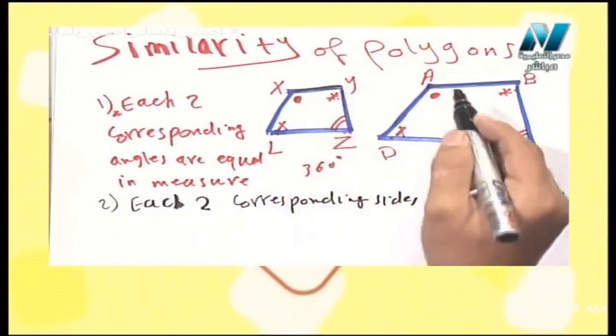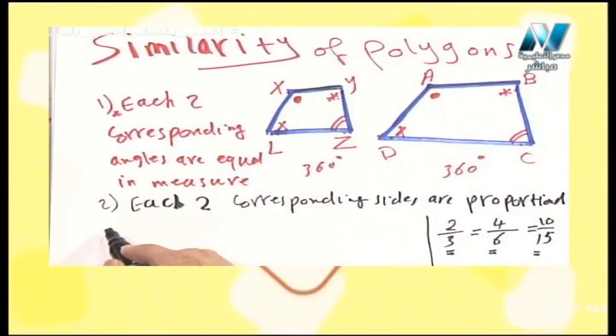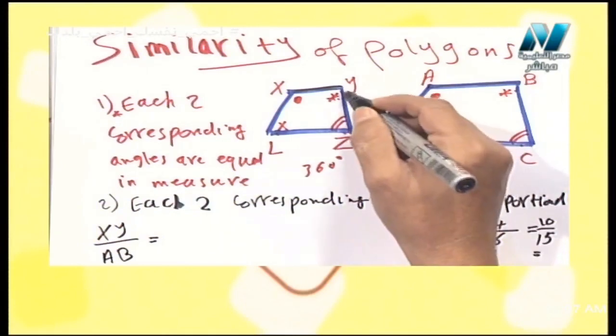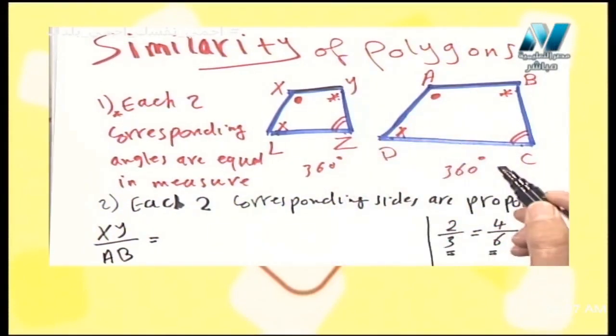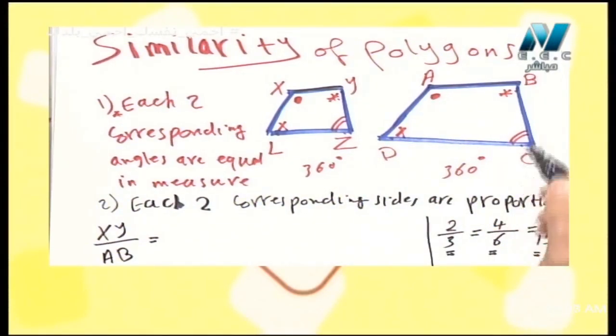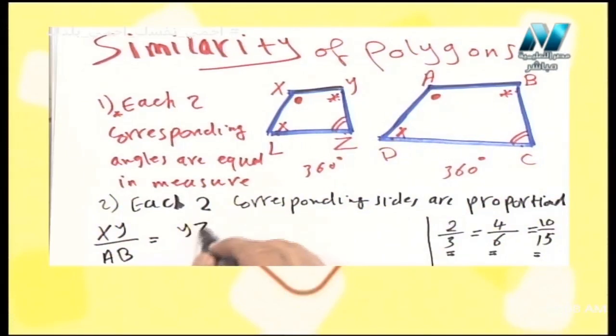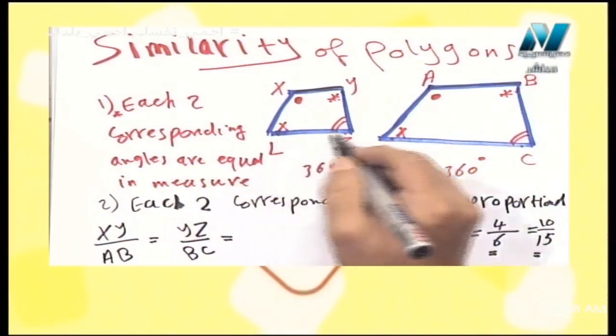So XY and AB make one ratio, XY over AB. And YZ, it's clear that it's corresponding to the side BC. So YZ over BC is another ratio.